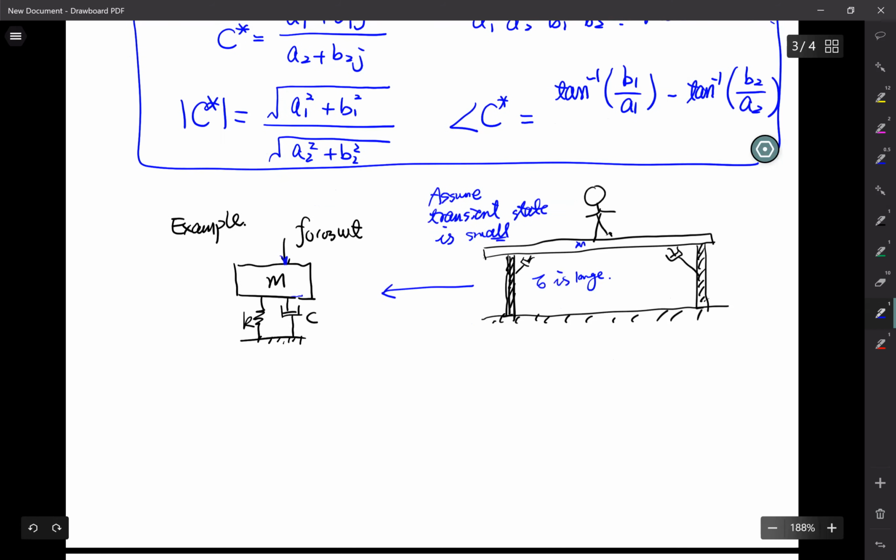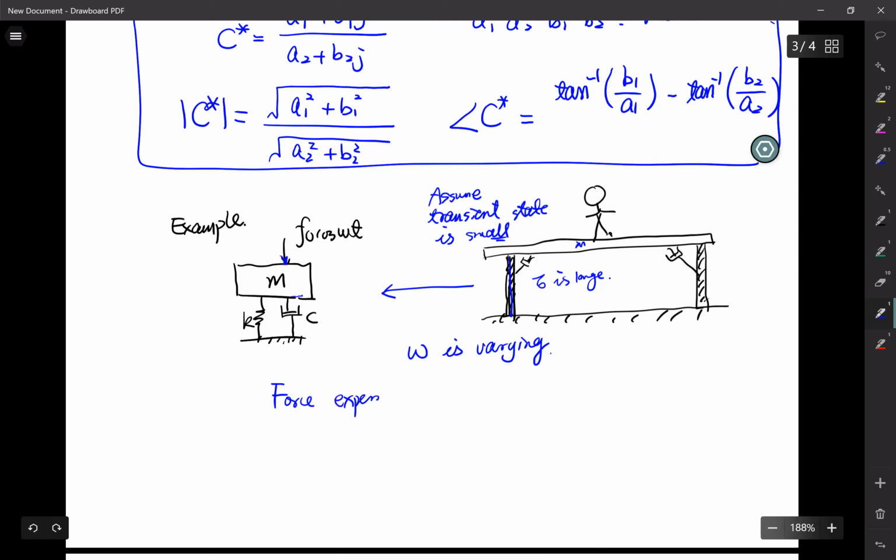Because we don't know how this guy jumps, that means your omega is varying, right? When we design these table legs, we want to make sure no matter what omega we apply, the material is able to stand the force.